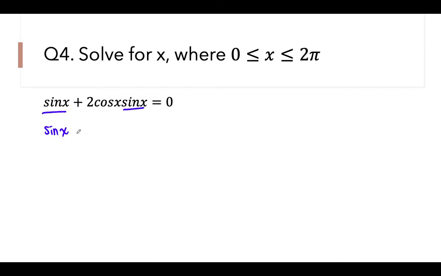So sine x times (1 plus 2 cosine x) equals 0. After we factor, we can let each multiple equal 0. So I could say sine x is 0, and for this multiple, 1 plus 2 cos x is equal to 0.